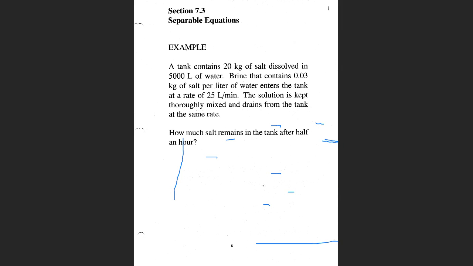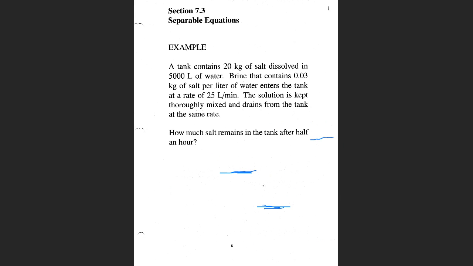So let's go ahead and try to get an equation. I notice in the information given to us, it says that brine enters the tank at a rate of 25 liters per minute and drains from the tank at the same rate.